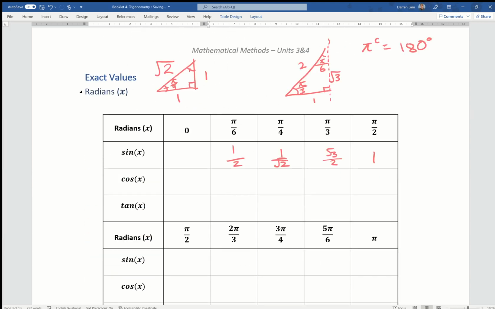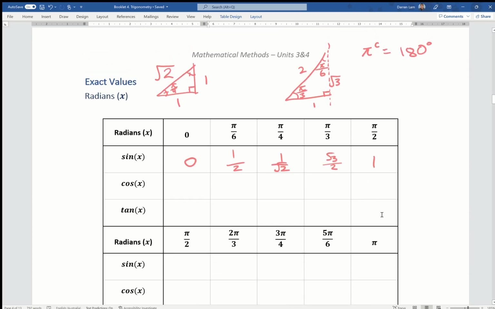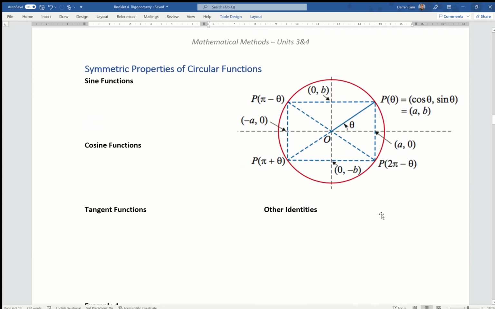And what would the y value be when we're looking at 0 degrees or 0 radians? 0. Great. And we can do the same thing for our cosine values and for our tangent values. I'll get you guys to fill that in yourself when you have time. These are just the same thing, but like what if I had more than pi on 2, which you guys can fill in later as well.